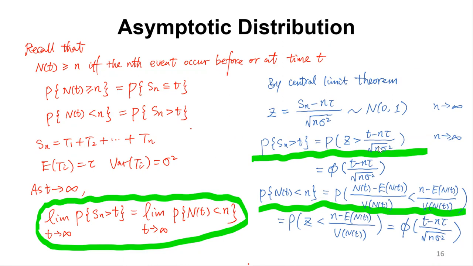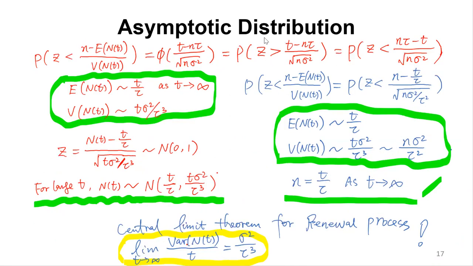T minus n tau divided by the square root of n sigma square. We know the normal distribution is symmetric, so phi of z equals phi of minus z. Because Z is standard normal, it's symmetric, centered at 0.